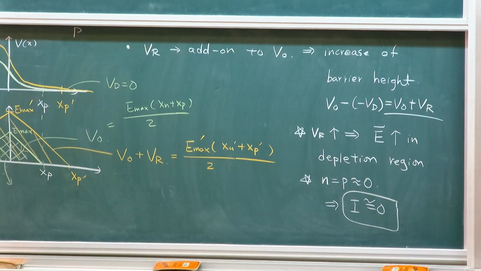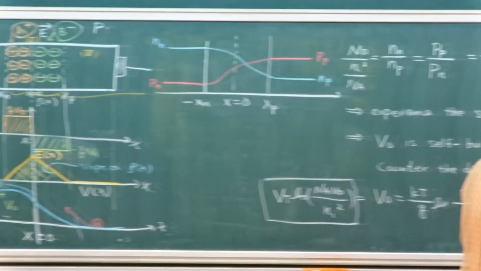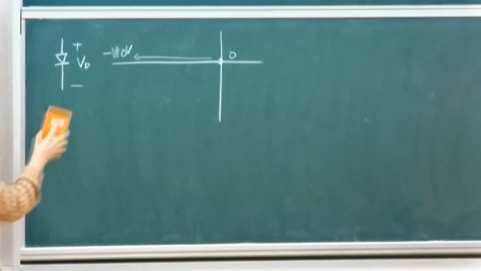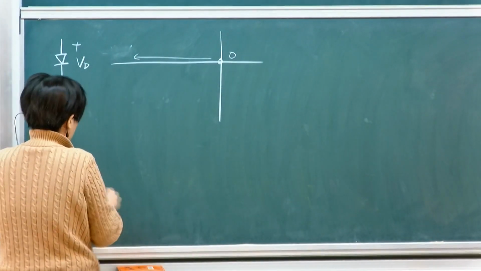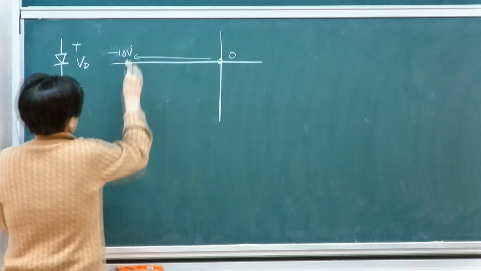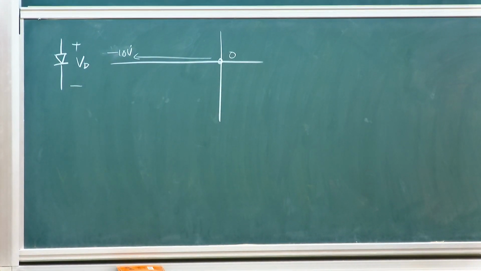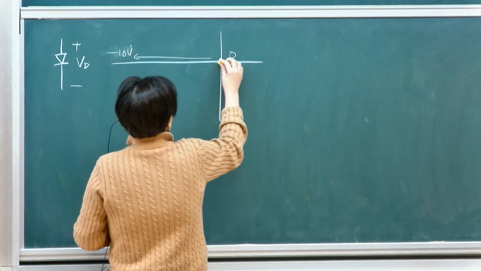If I have a dial and I'm sweeping this voltage from 0 to negative, let's say this is 0, and then I'm sweeping to maybe negative 10 volts, for example, you will see that there's no current.